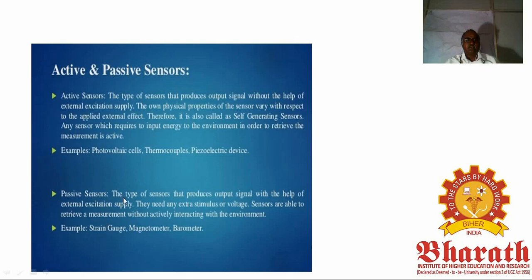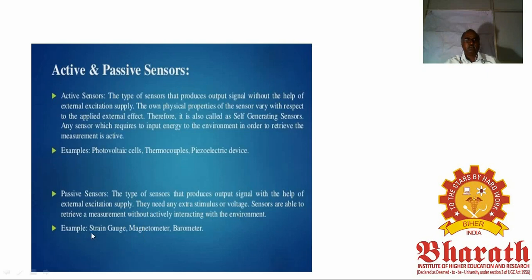The passive sensors require an external supply, especially in the form of bias voltage, or we need a certain amount of power which has to be given for its operation. The sensors are able to retrieve the measurements by an external support but without being distracted by the environment.